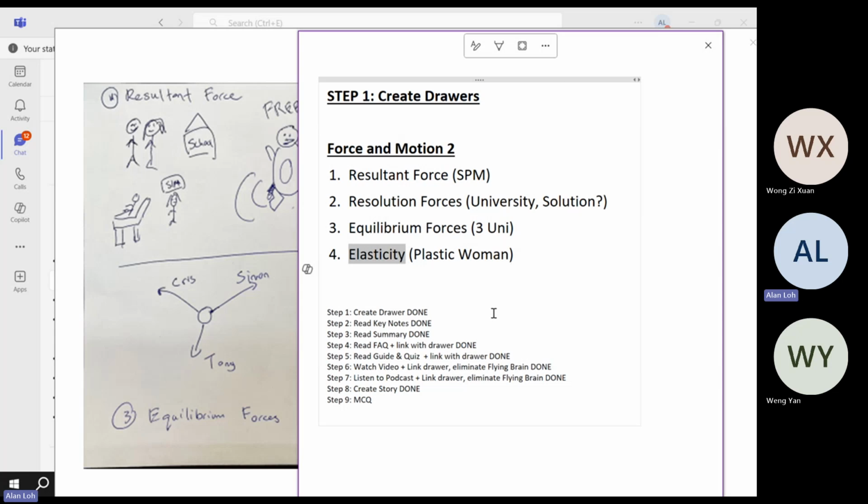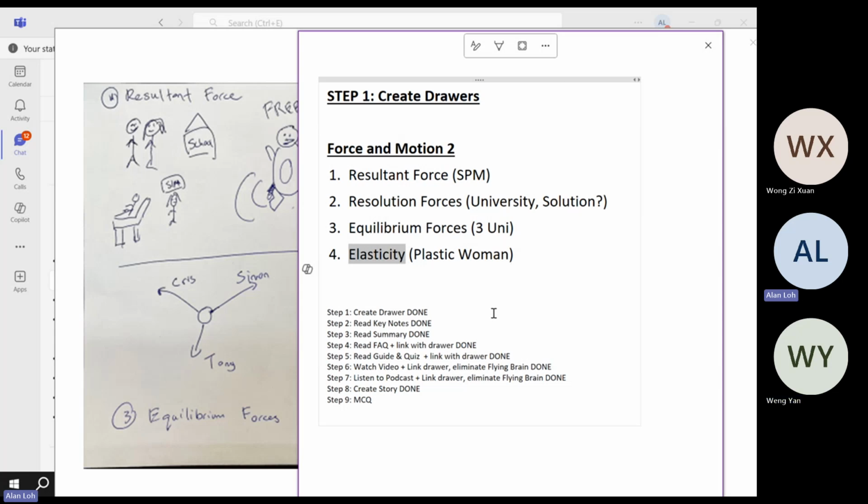Because of that, you became a plastic woman. Okay, so it's easy now. Right in front of you, there are 4 drawers. Every drawer has its own sticker. Can you tell me the first sticker? SPM. Yes. Second sticker. University. Third sticker. 3 universities. Yes. Fourth sticker. Plastic woman.